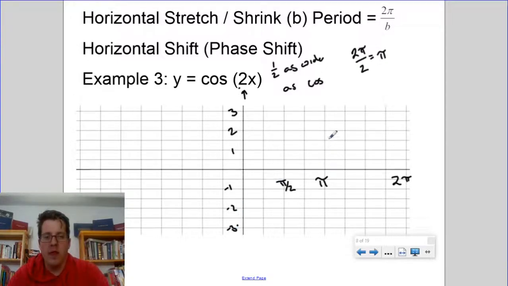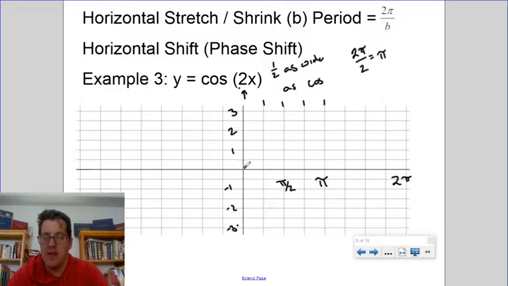Now, normally we split the graph into 4 parts so we can graph our 5 points. But since we've compressed horizontally, we're actually going to split it up into 4 smaller parts. So one period of the graph is going to go from 0 to pi as opposed to 0 to 2 pi.